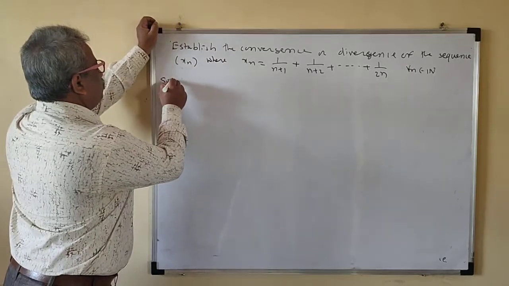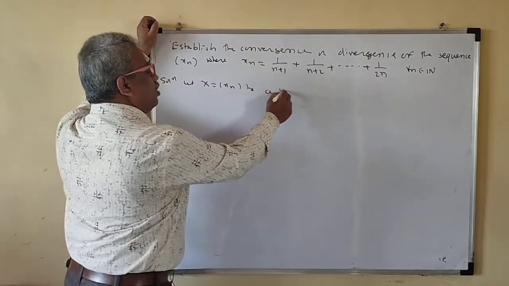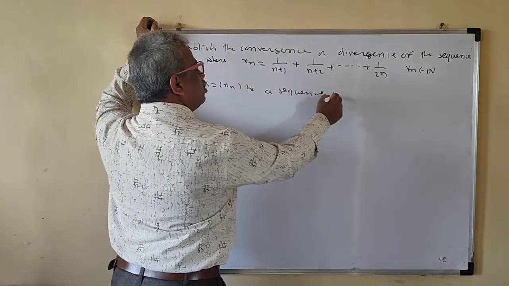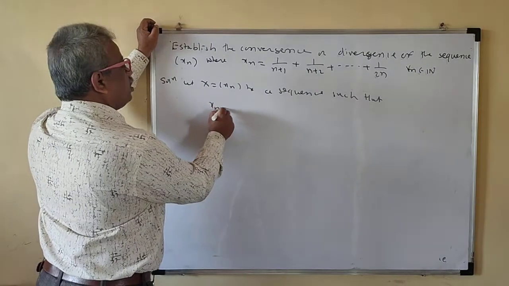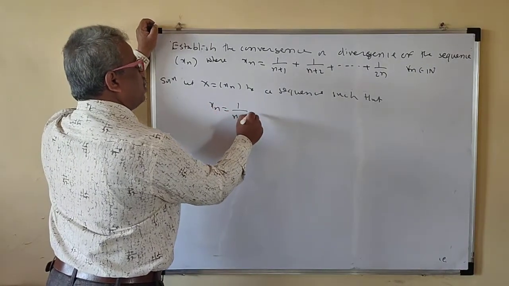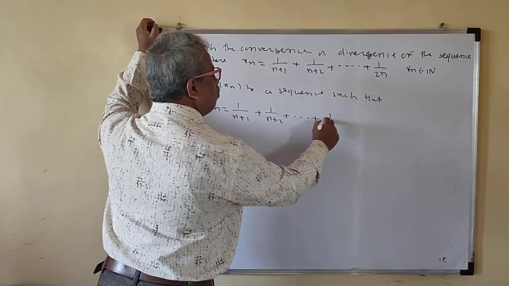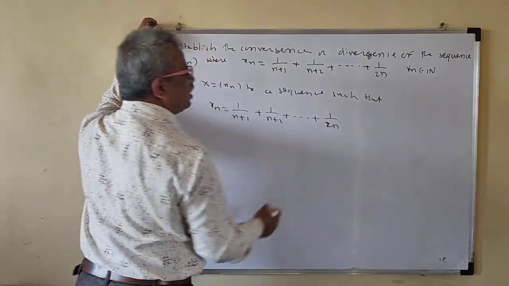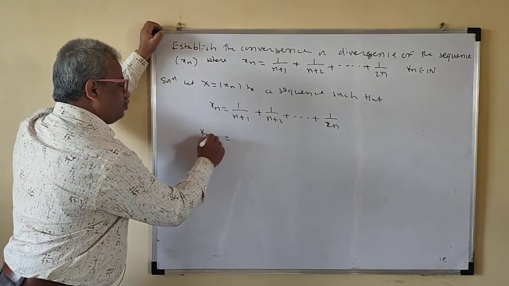Solution. Let x equal to xn be a sequence such that xn is equal to 1 upon n plus 1 plus 1 upon n plus 2 plus up to 1 upon twice n. Now we will find xn plus 1.